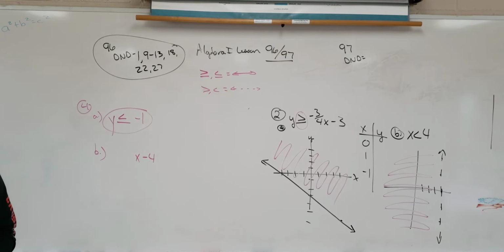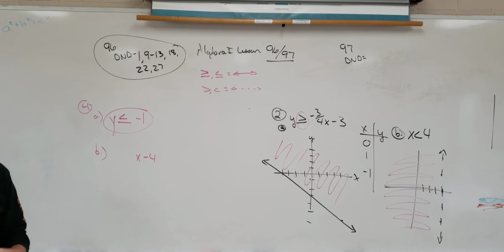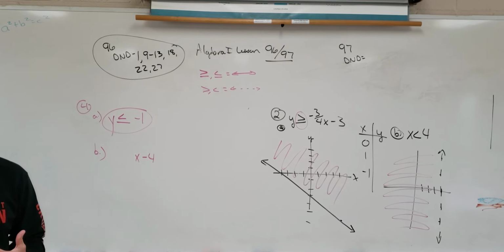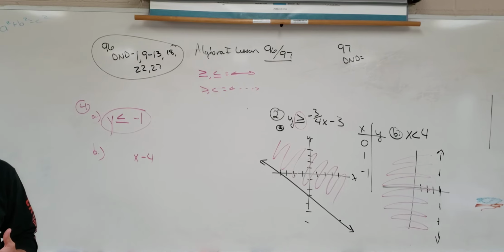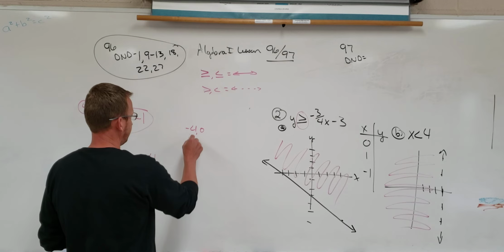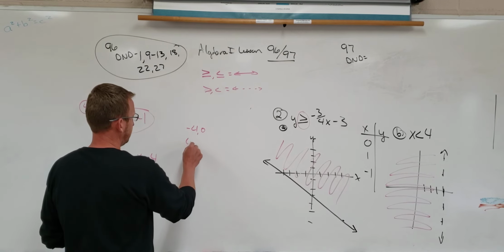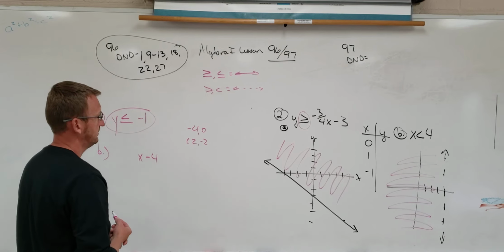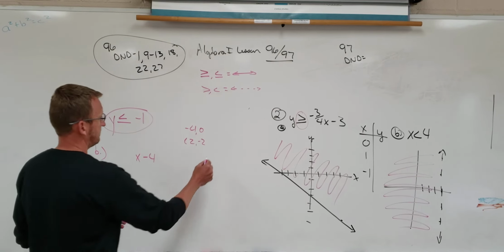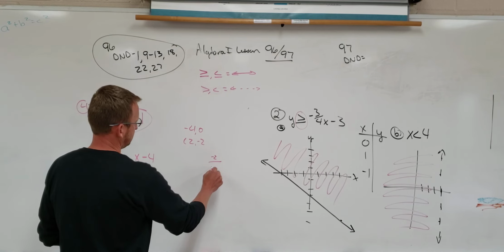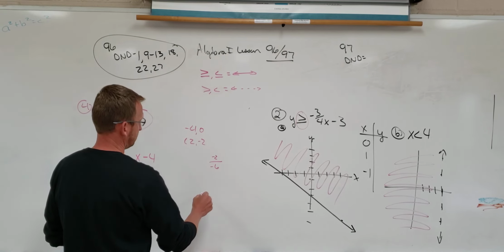And if we look at the next place that it crosses an intersection on our coordinate plane, it crosses at (2, 2). So if we go from (0, -4) to x is 2, changing y over changing x, so we have a -2 over -6.